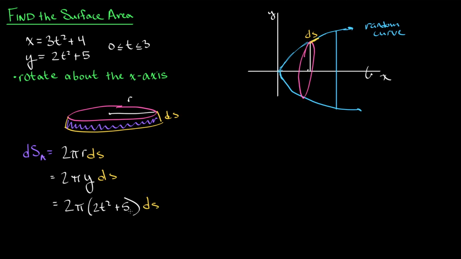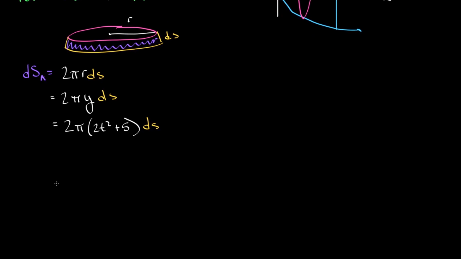Mainly, if we're going to integrate with respect to t, we need to get ds in terms of dt. And we saw in the last couple videos that we could represent this little piece of arc length as the square root of (dx/dt) squared plus (dy/dt) squared, and then dt.